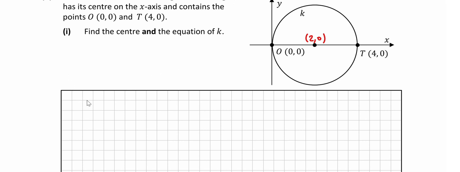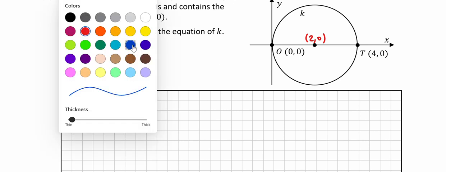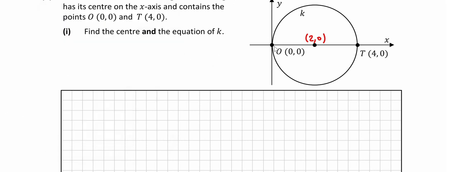This is a diameter here, so one end of the diameter is 0, 0, the other end is 4, 0. So the midpoint of that: half of 4 is 2, half of 0 is 0. So there is your centre. Straight away we can write down 2, 0.